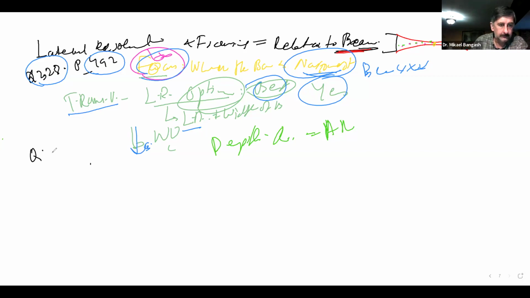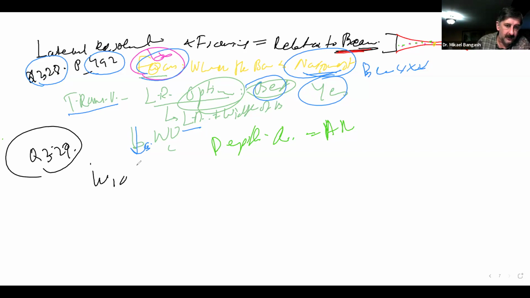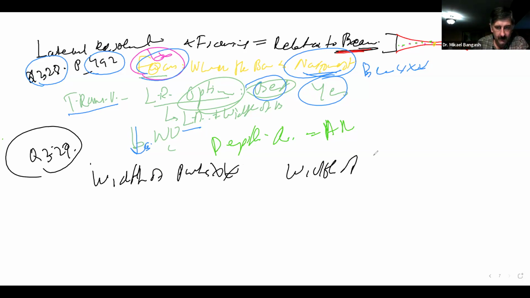Question number 329. Now, lateral resolution of an ultrasound system is primarily determined by the... Now, I don't agree really with the wording here, because it was actually not going to be the width of pulse. That's the wrong wording. The actual wording would have been the width of the beam.